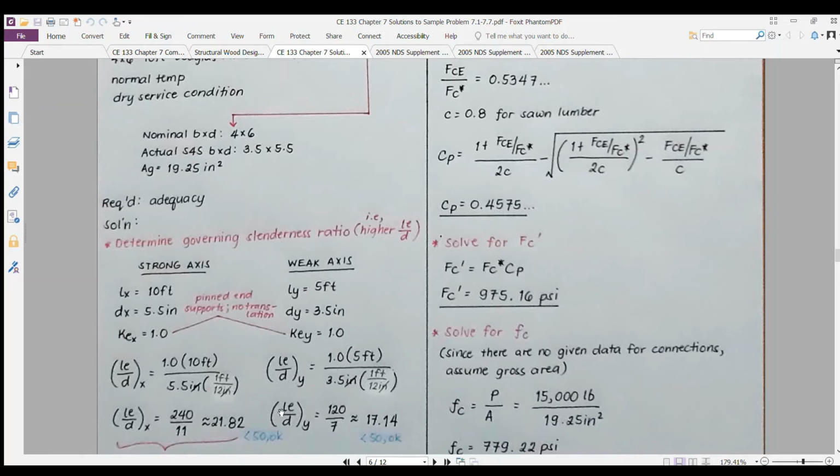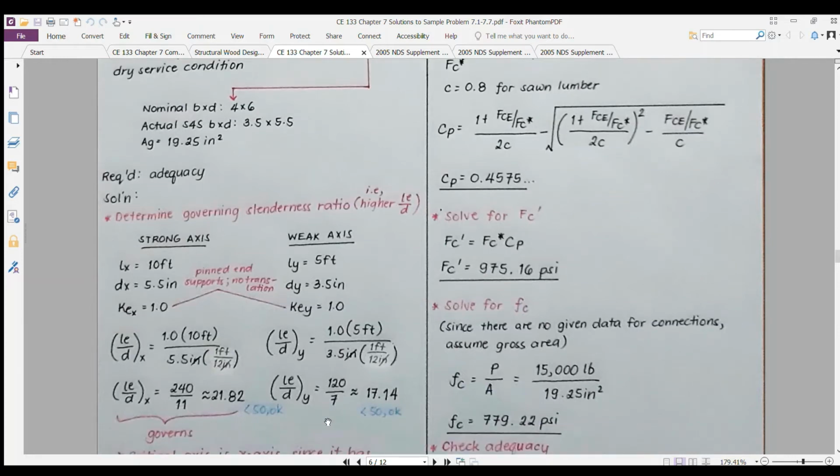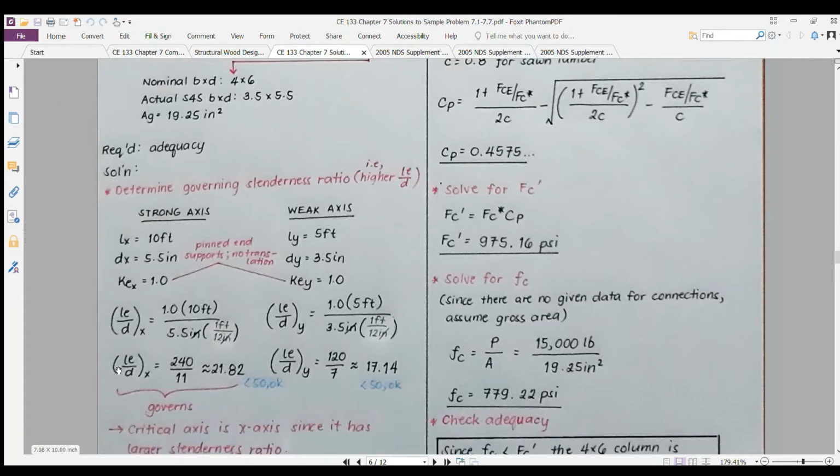So we have a slenderness ratio at the weak axis of 17.14. Since both are less than 50, the slenderness ratio is acceptable, and we will consider the larger value between the two. In this case, the strong axis, or the x-axis, has the larger slenderness ratio. So this is the one that we will be considering.